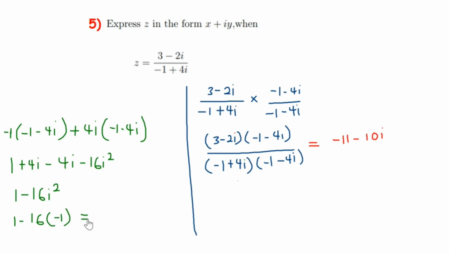So we have 1 plus 16, which will be equal to 17. So all this is divided by 17. But then you have negative 11 divided by 17 minus 10 divided by 17i. So this will be the standard form for this complex number z here.